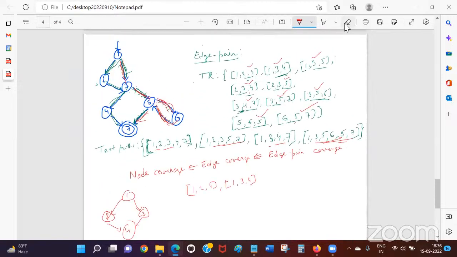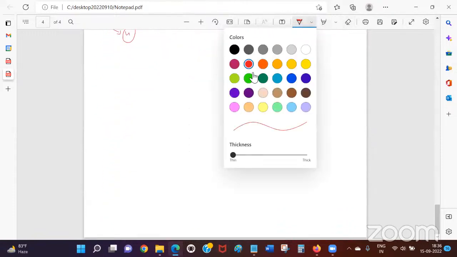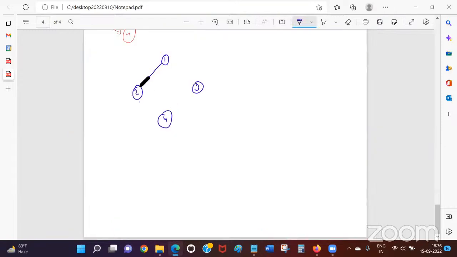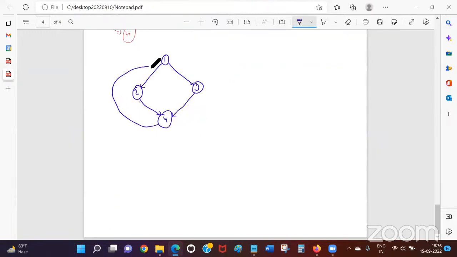The edges I have are 1 2, 1 3, 3 4, 2 4. So this is my graph.